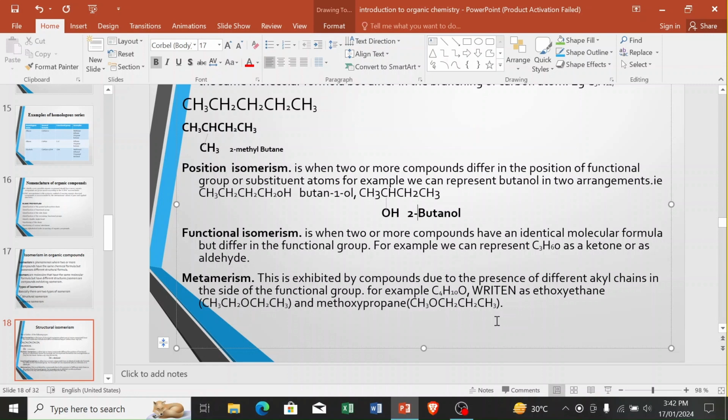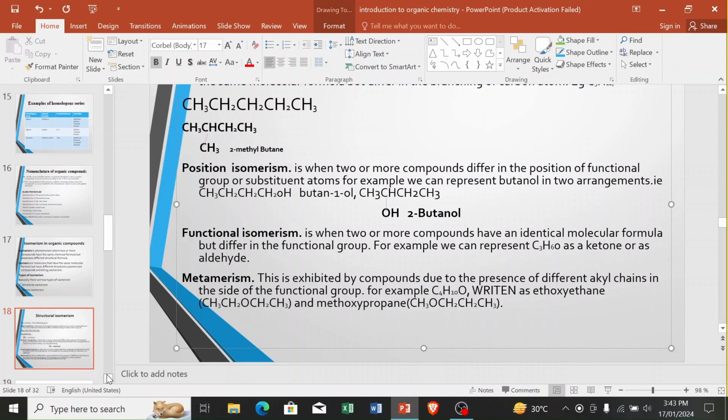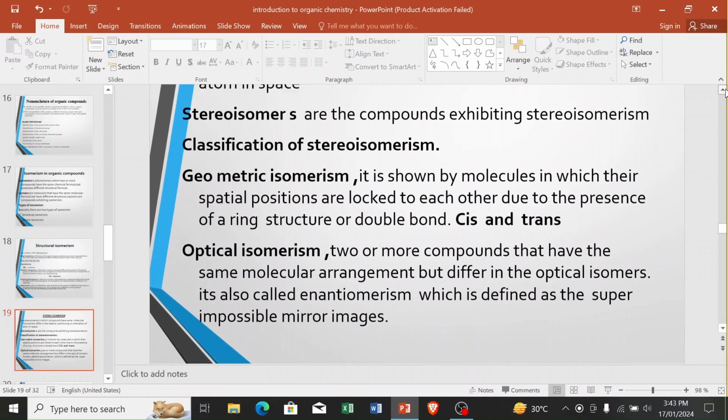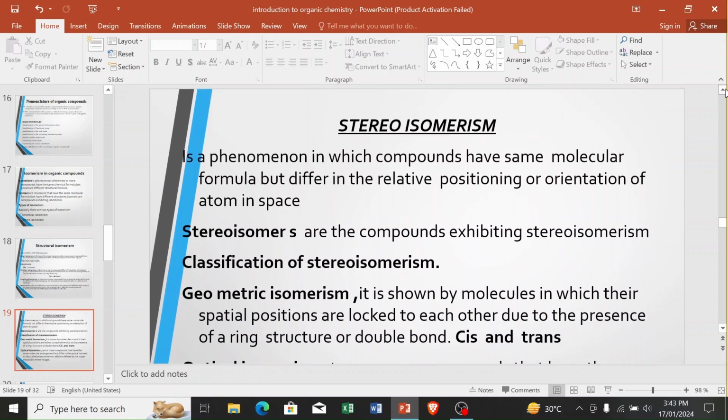We also have tautomerism as another type of structural isomerism. I will request you to read more about that and ask questions where you get stuck. So let us look at stereoisomerism as another type of isomerism. There are majorly two branches, stereoisomerism and structural isomerism. Structural isomerism, we have said, has functional group isomerism, position isomerism, chain isomerism, metamerism, and tautomerism.